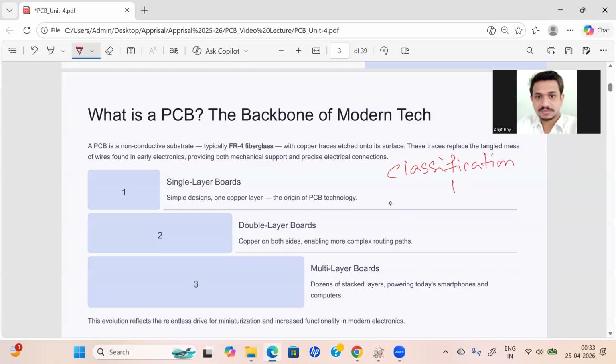One is based on use, and another is based on layers.